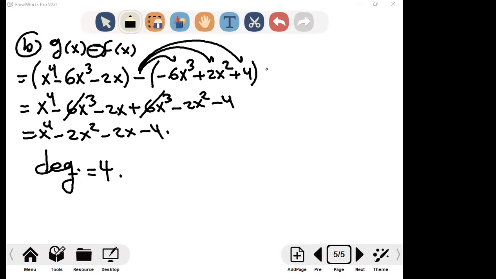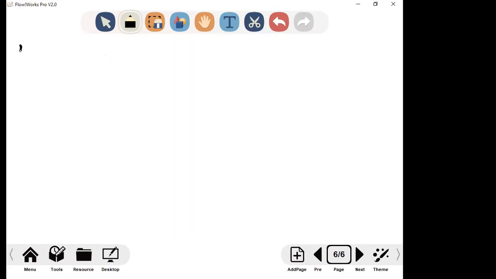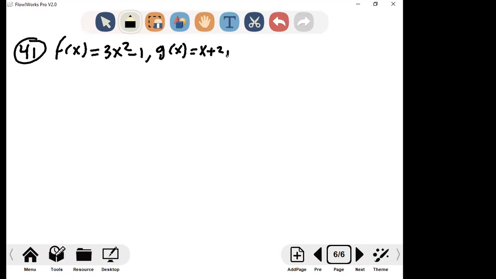Here we have 3 functions: f of x equals 3x power 2 minus 1, g of x equals x plus 2, and h of x equals minus x power 2 minus x.